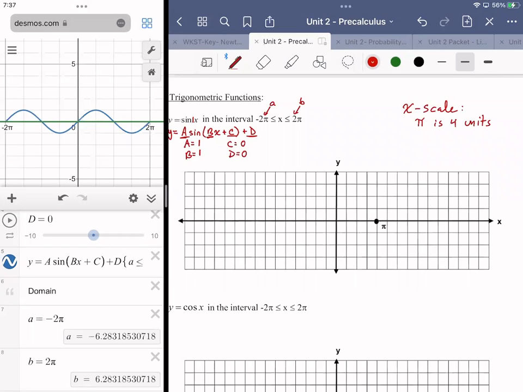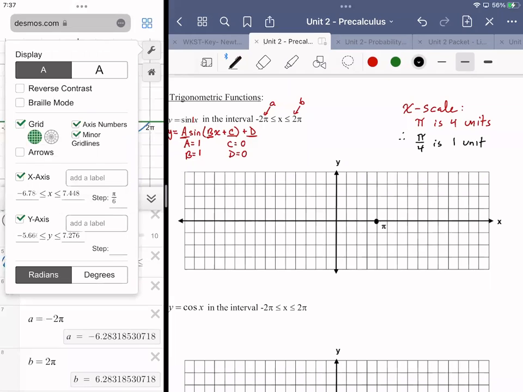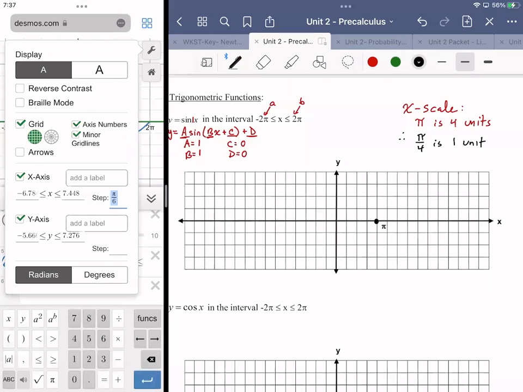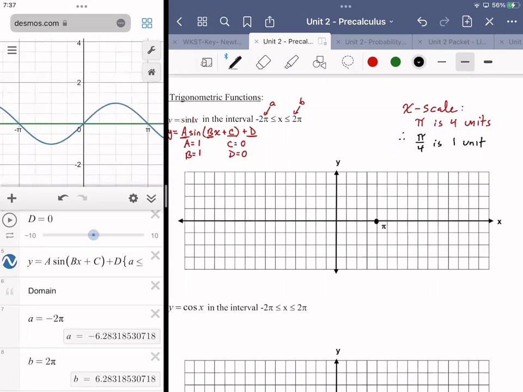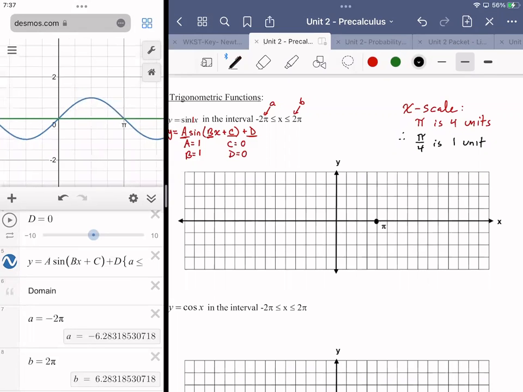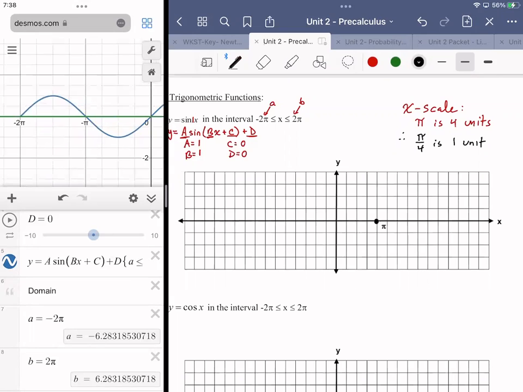Which tells me that 1 unit, so divide by 4, pi over 4 is 1 unit. So I'd go into my setup here, and I'd make my x-axis step pi over 4, and then zoom in so that I see those 4 boxes, and then work my way from left to right.